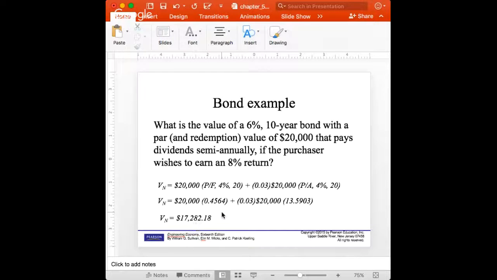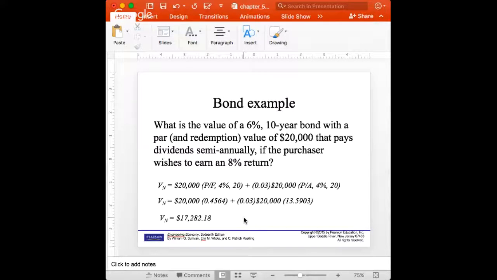So the purchaser's paying below par, we would say. The purchaser pays below par, and that indicates that the purchaser will earn more than the bond rate. If the purchaser pays less than par, then the yield is greater than the bond rate.